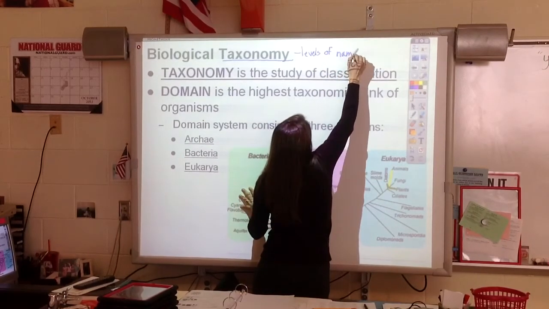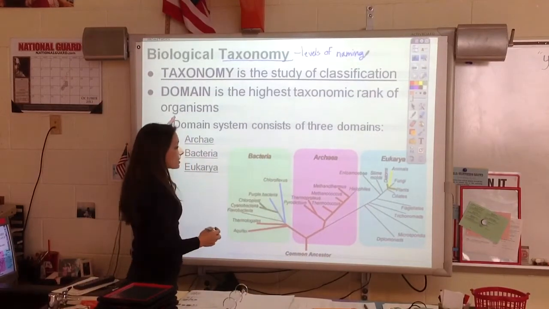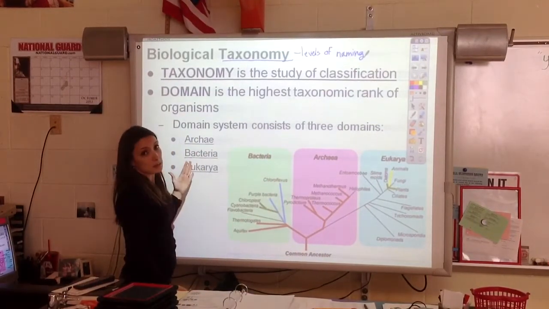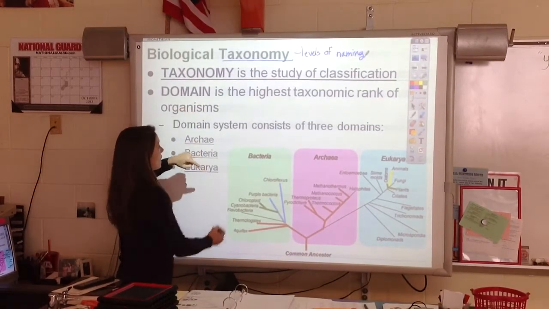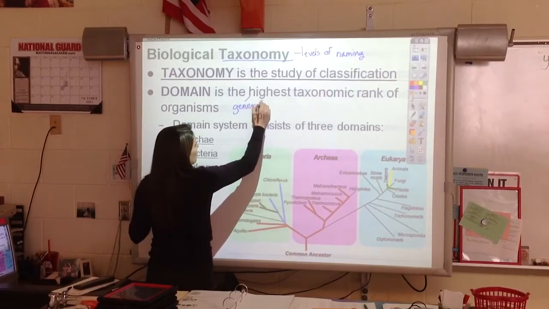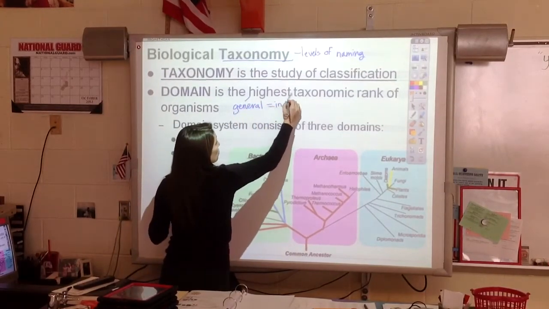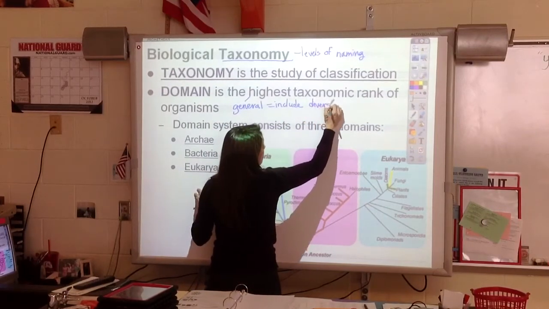So just like you have a first name, a middle name, and a last name, these organisms have many names. And so the highest level is called the domain. And this is going to be the most general, which means it will include a lot of diversity.